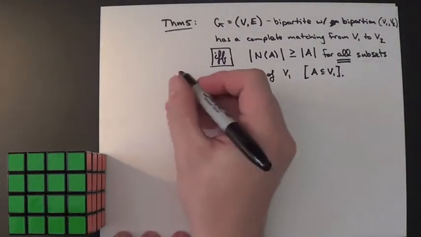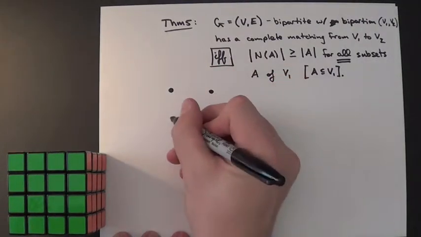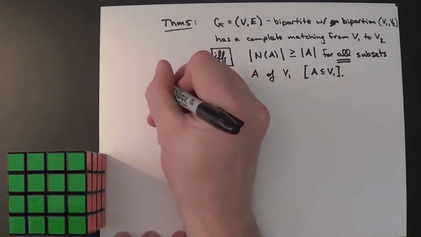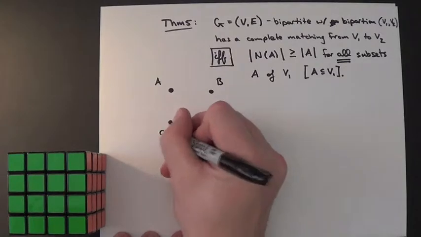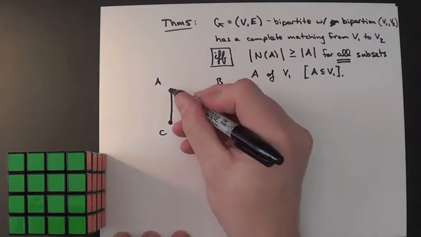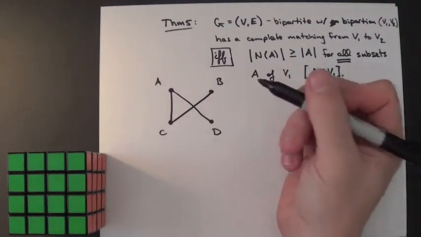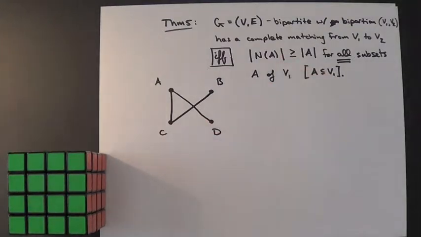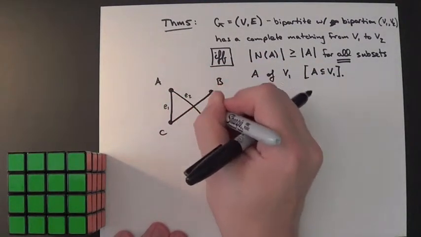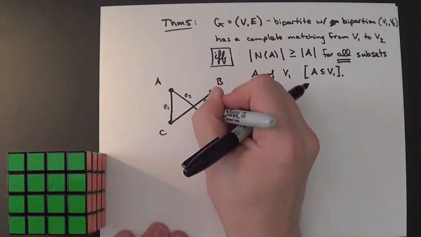Let's check that one of our previous examples is in fact a complete matching. A, B, C, and D. And let's use this graph here, in which we have E1, 2, and 3.